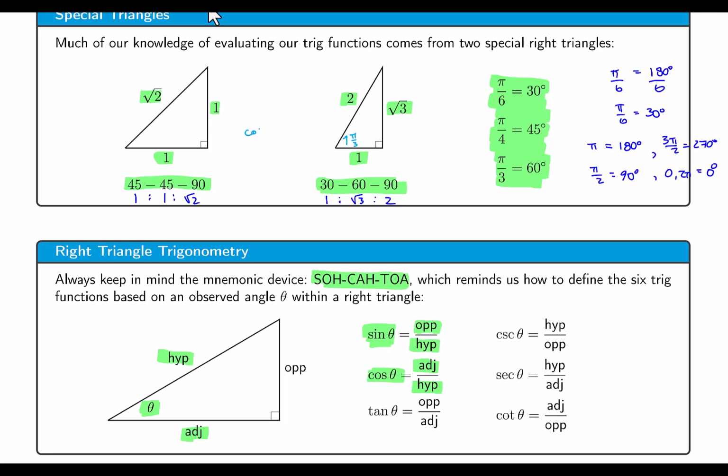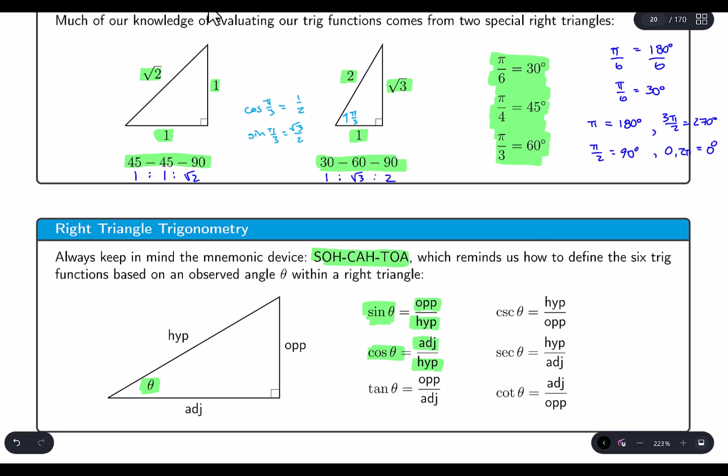If I wanted the cosine of pi over 3, if I had this triangle and that ratio of sides set up, it's the adjacent side over the hypotenuse, so it's just 1/2. If I wanted the sine of pi over 3, it's the opposite side, which is root 3, divided by the hypotenuse, which is 2.